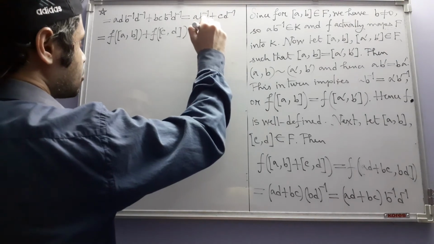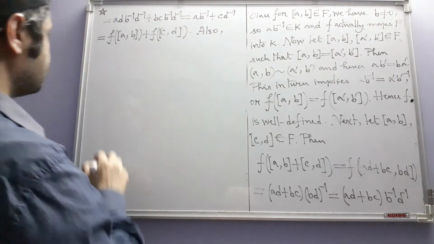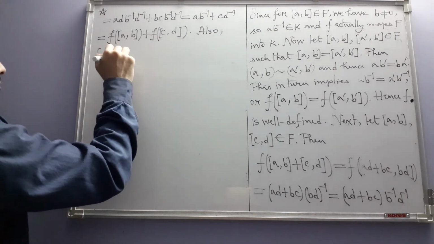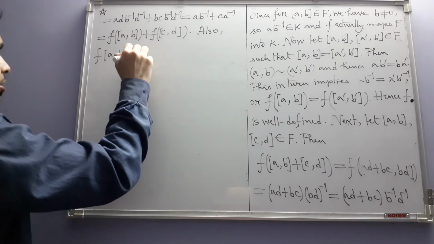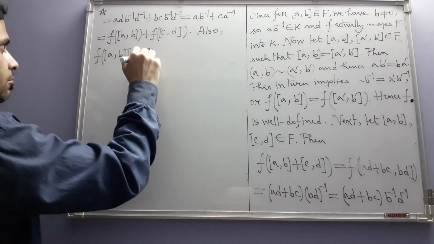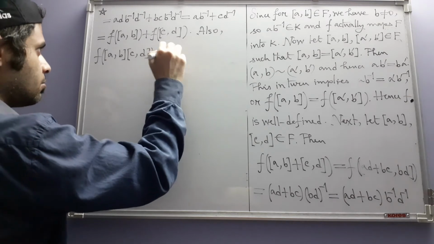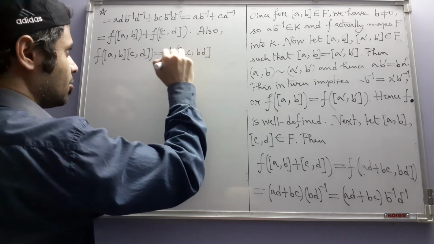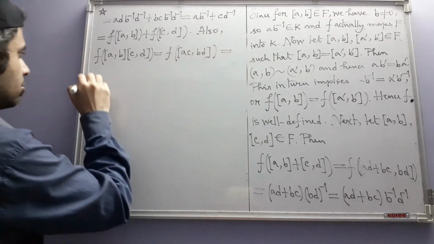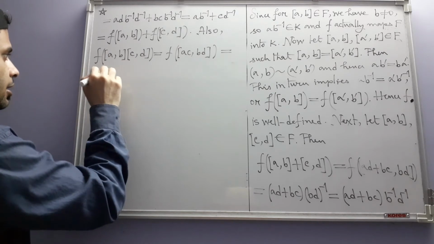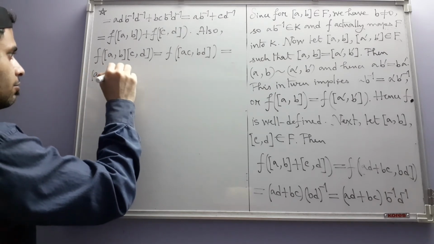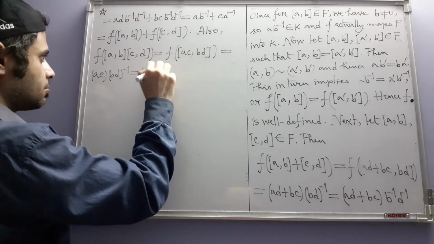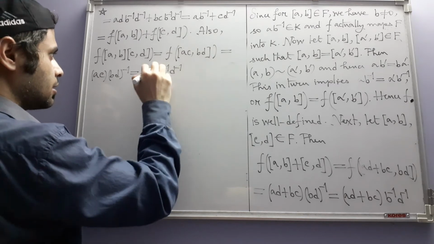Also, now we show that it respects multiplication. f of (a, b) times (c, d) is equal to f of (ac, bd), which equals ac times (bd) inverse. That is equal to ac b inverse d inverse.